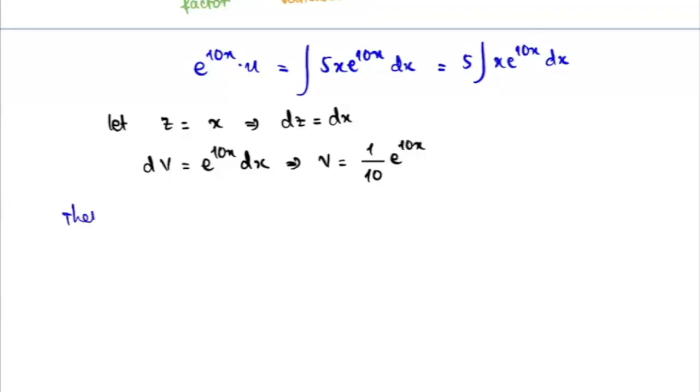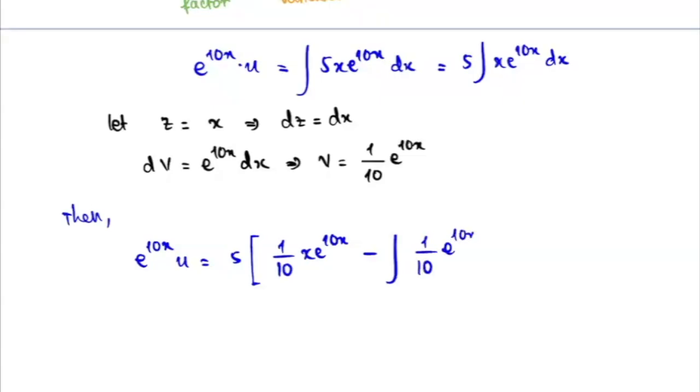Then the left-hand side remains the same, so e to the 10x times u. On the right-hand side, I have z times v, which is 1 over 10 times x times e to the 10x, minus the integral of v dz, in this case 1 over 10 times e to the 10x dx.